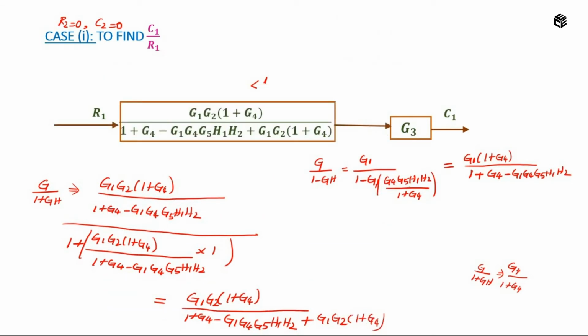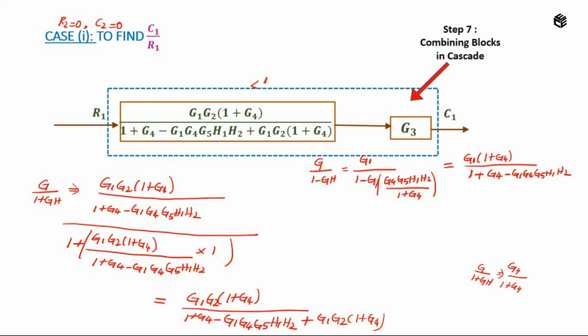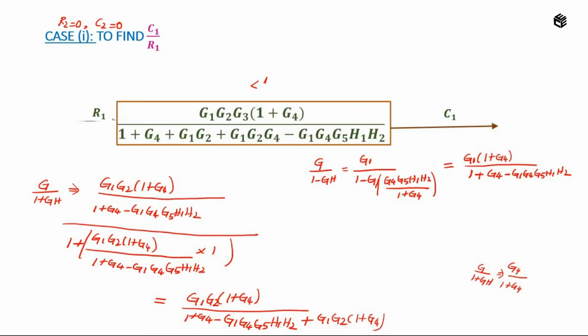With this block diagram we can say two blocks are connected in cascade. So I am going to apply the rule combining blocks in cascade. So I am just multiplying the gains of each block. So I will get the final answer as G1 G2 G3 into 1 plus G4 divided by 1 plus G4 plus G1 G2 plus G1 G2 G4 minus G1 G4 G5 H1 H2.